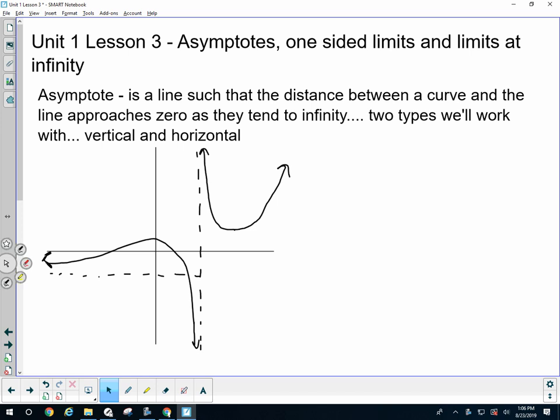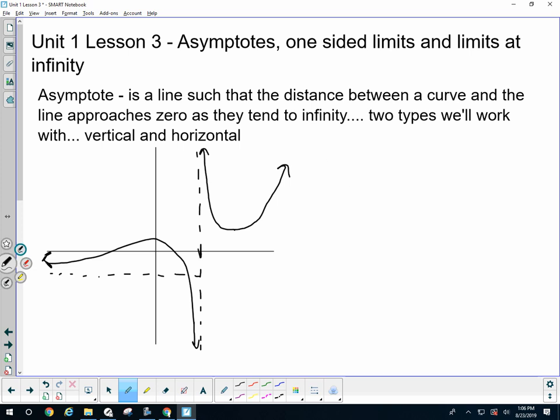Okay? To finish things off, we're going to talk about asymptotes. Okay? It's more stuff with limits. If I look at this picture, I see I have a function that is trending towards this vertical line. We call this a vertical asymptote. There's no function value at the line, and I can see my function is either going down towards negative infinity, very, very large negative numbers, or up towards positive infinity.